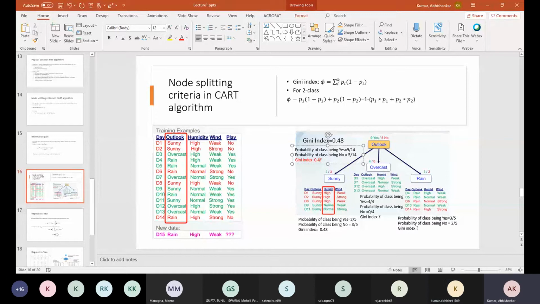Exact number, you tell me: 0.4679. Okay, no issue. And this is 0.48 you are saying, for Rain. And for overcast, 0. And for rain also 0.48.